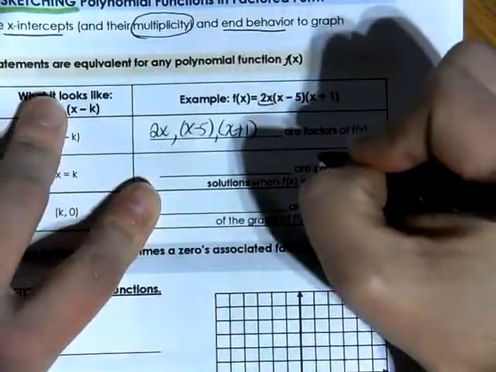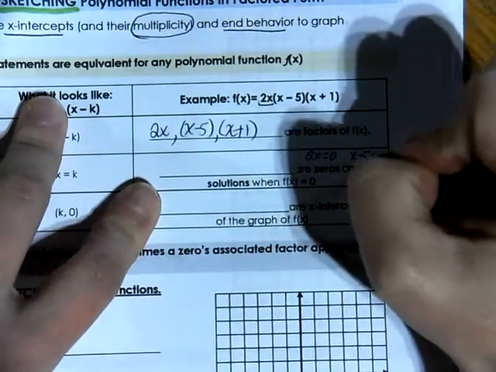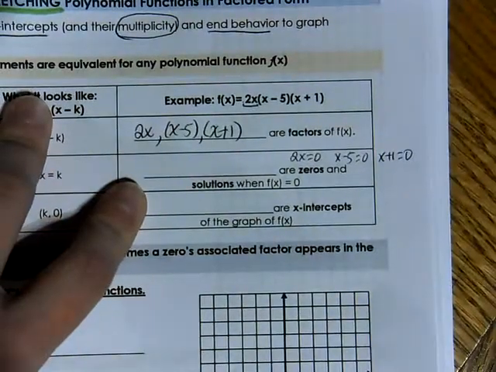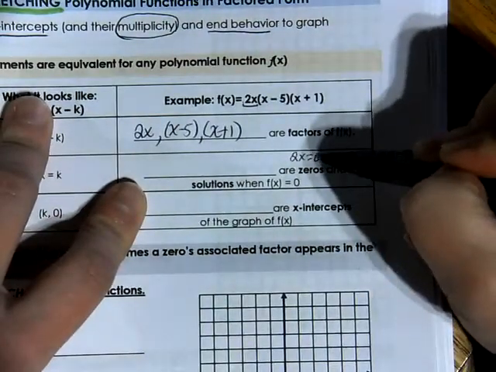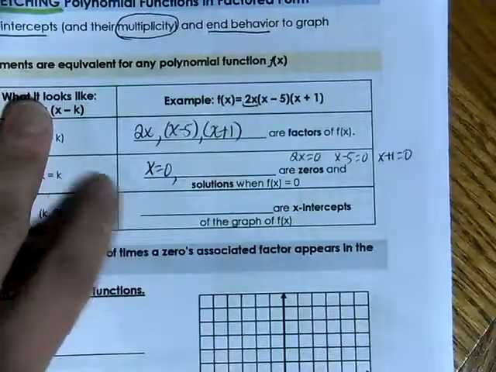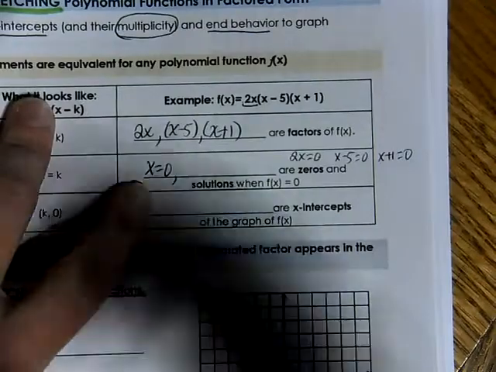So if we were to set 2x equal to 0 and x minus 5 equal to 0 and x plus 1 equal to 0, and we were to solve for x, we would divide both sides by 2, and we would find that x equals 0 is a 0 and solution of our equation.